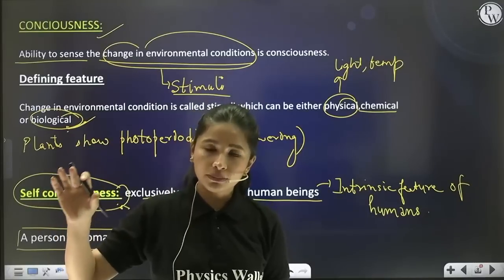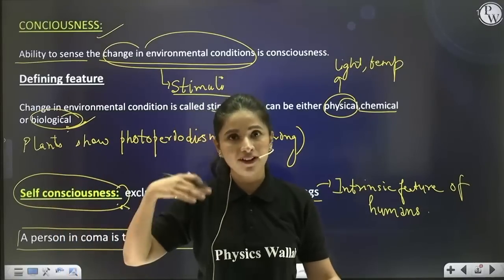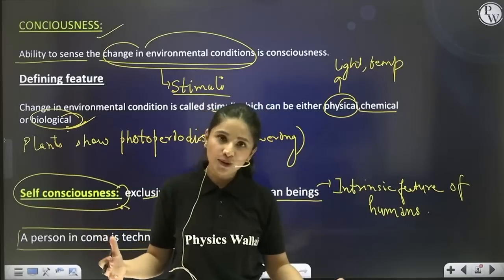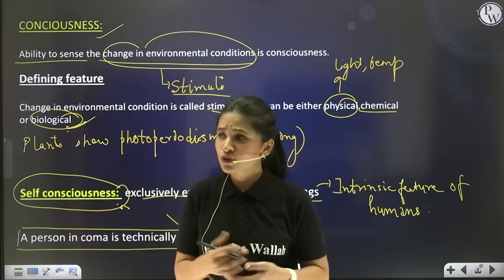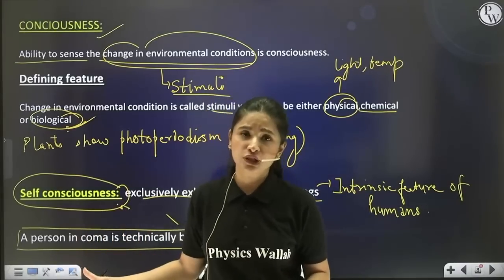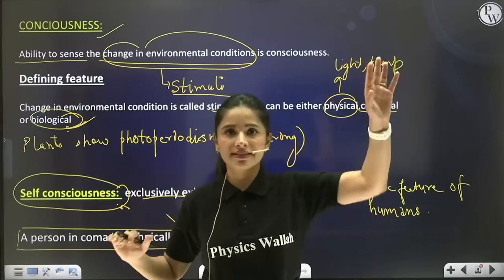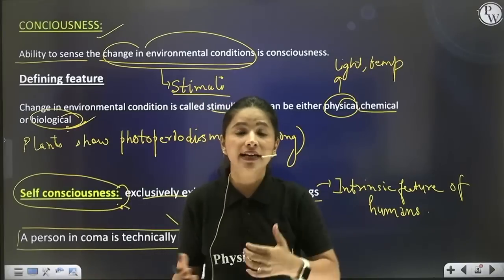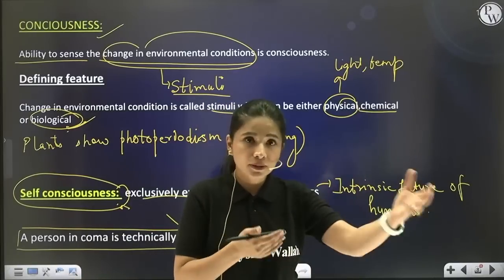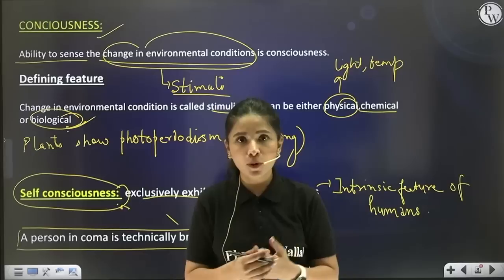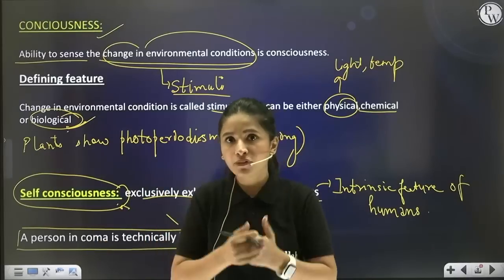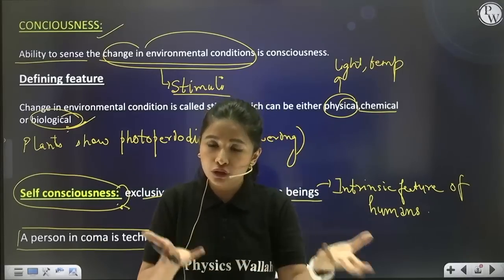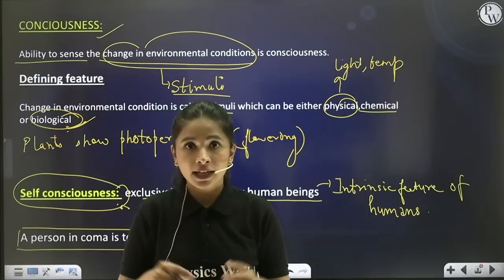It is a problem of so many students. I have been teaching for so long, and so many of my students, whenever I am taking this topic, raise their hands in class and ask, ma'am, why is consciousness not a characteristic feature? Because a person who is in coma is not responding, and we consider that person as living. Then it should become a characteristic feature.